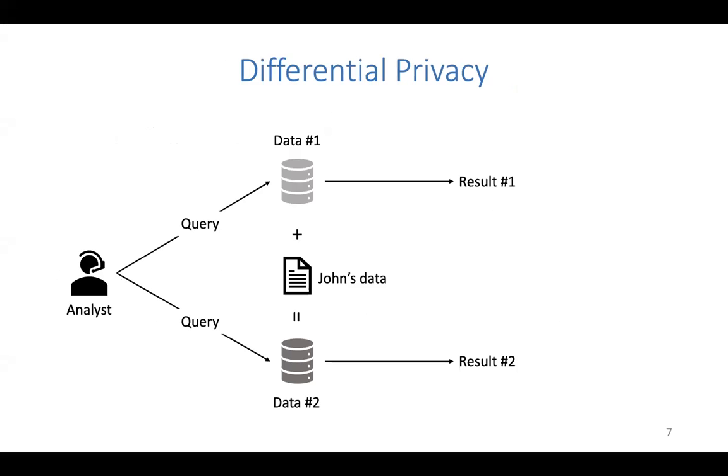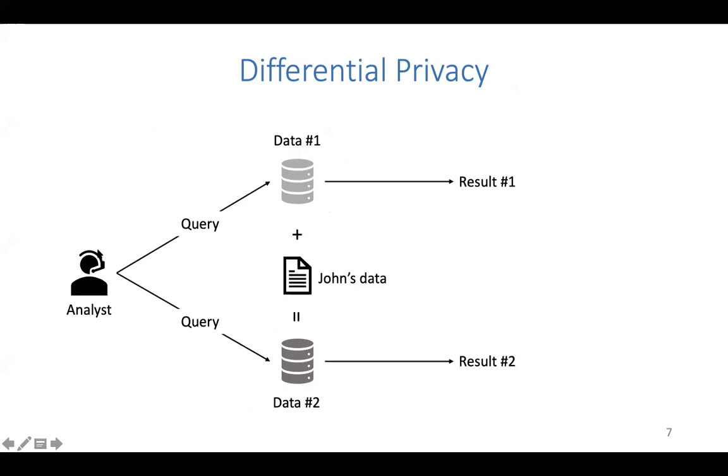So suppose we have a scenario. There's an analyst, and there are two data sets, data set number 1 and data set number 2. Those two data sets differ by only one person's record, which is John's data. Data set number 1 doesn't contain John's data. Data set number 2 does contain John's data. That is the only difference between the two data sets.